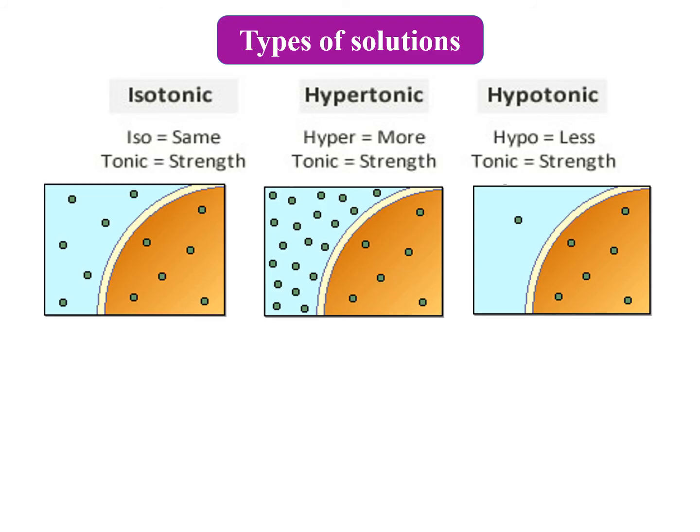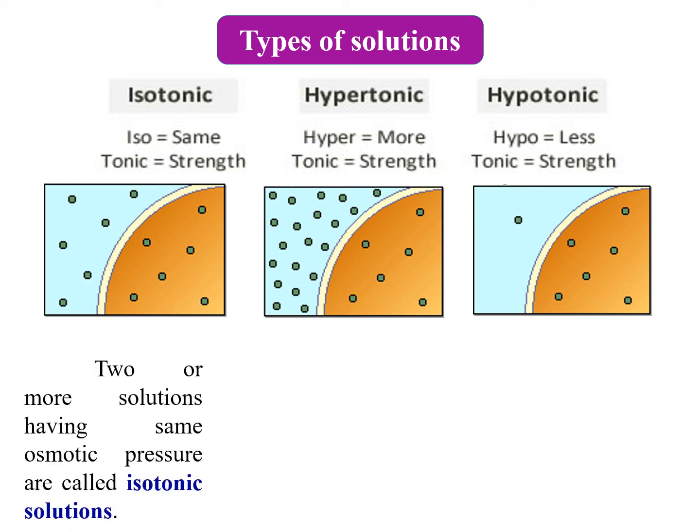Based on the comparison between the osmotic pressures of two solutions, there are three types of solutions: isotonic, hypertonic, and hypotonic solutions. Two or more solutions having the same osmotic pressure are called isotonic solutions. Iso means same and tonic represents strength.